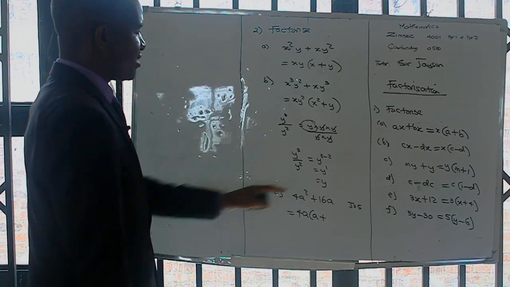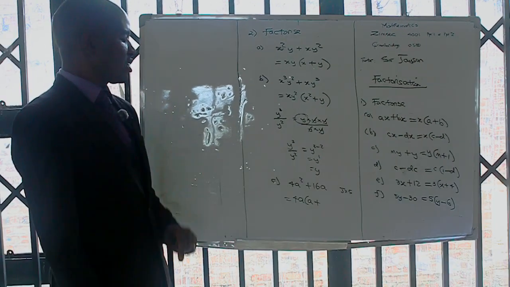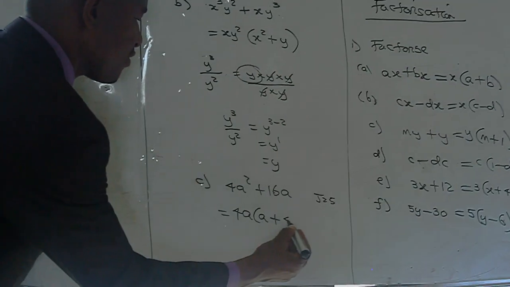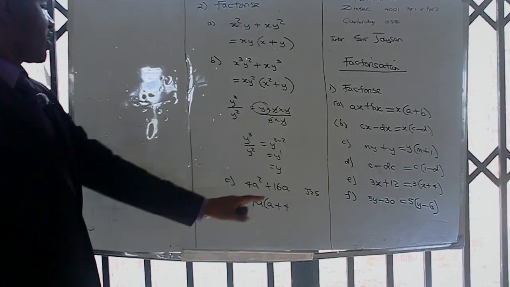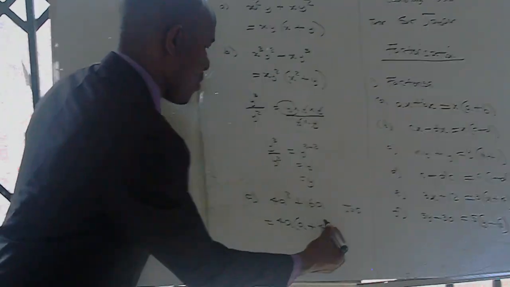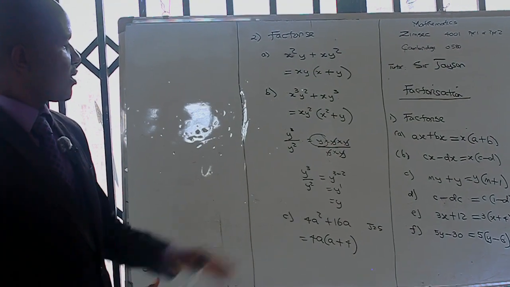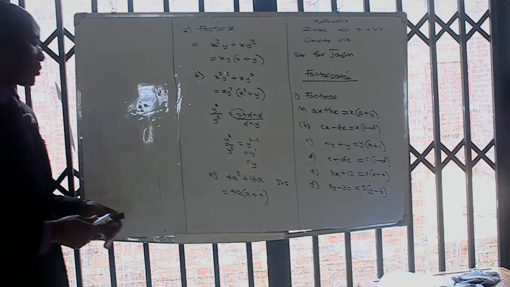The factored out number divides where it is coming from. So we will have here 16 divided by 4, which is 4. We then have a has been factored out. So it's a plus 4. That's case number 2 of factorization.